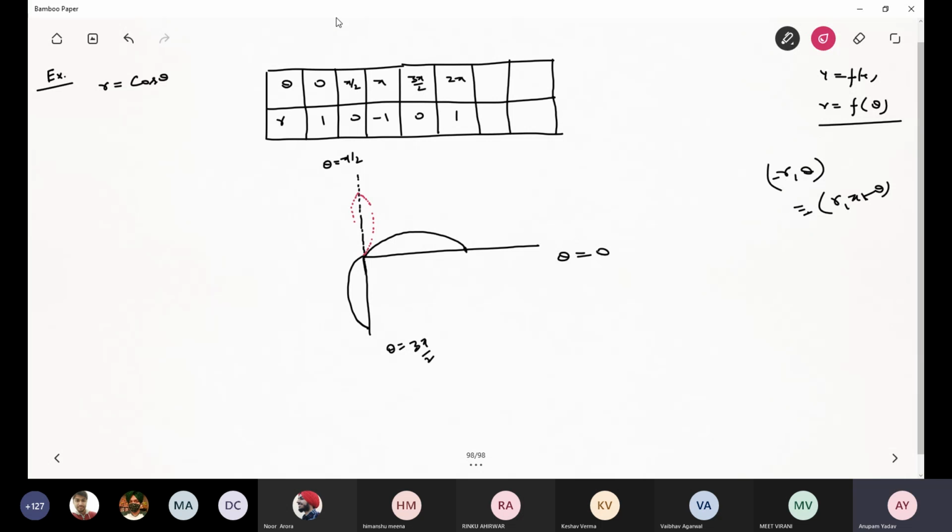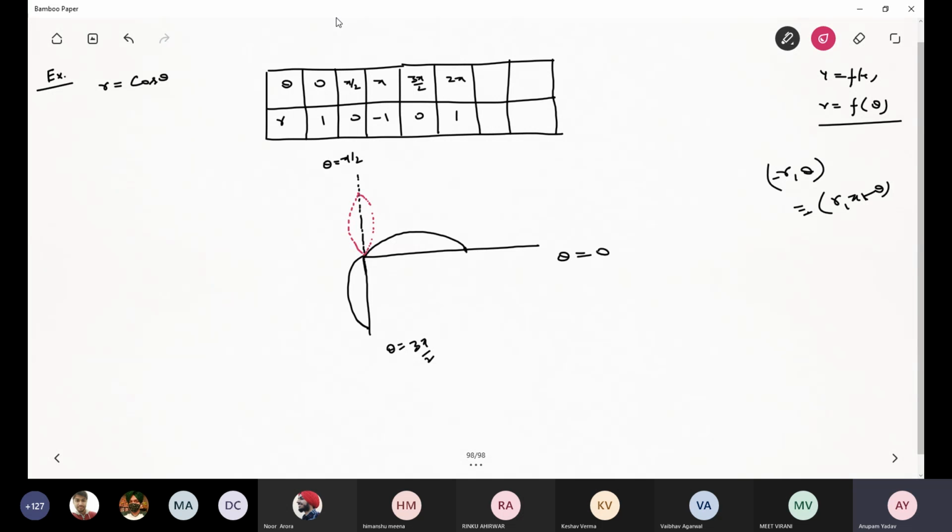Pi by 2 to pi, it should have gone like this. But what will happen? It will take again a shift of pi degree.